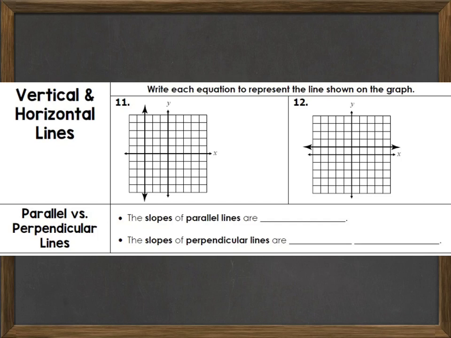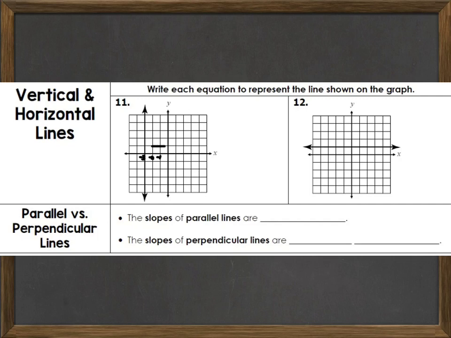Well, let's look. A vertical line, if we look at this line very closely, and you have your notes, this is negative 1, negative 2, and negative 3. It's hard to see, but that's negative 3.